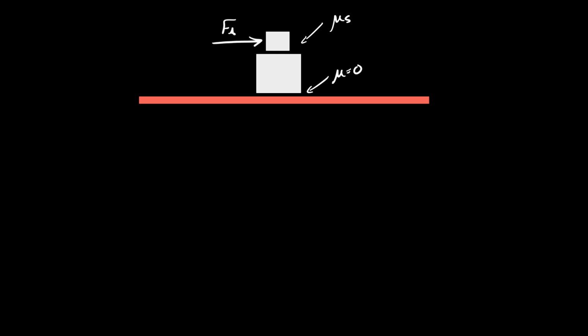One question I could ask is, what's the biggest force I can use to push the top box without having the top box slip off from the bottom box? Or I could say, what if I want to push on the bottom box, what's the biggest force I can apply before the top box slides off the bottom box? Both cases present the same problem. Do you guys see the problem?